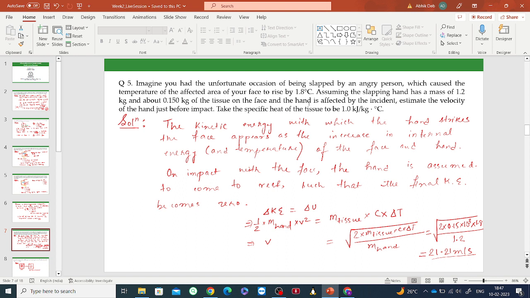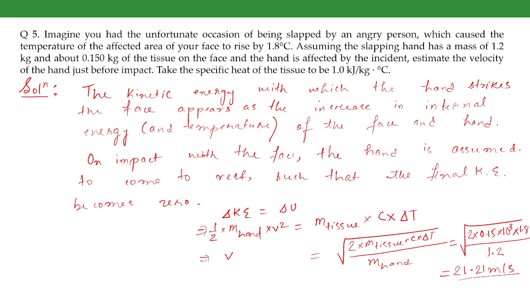Sir, in this case, because this palm is coming from a distance, if we need to draw the system boundary, what kind of things can we expect? See, in this problem, if you want a system boundary, you can consider that this is the face and this is the hand that is coming in. So the combined face and the palm of the hand will be the system.